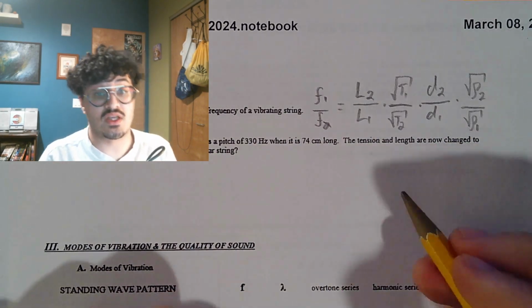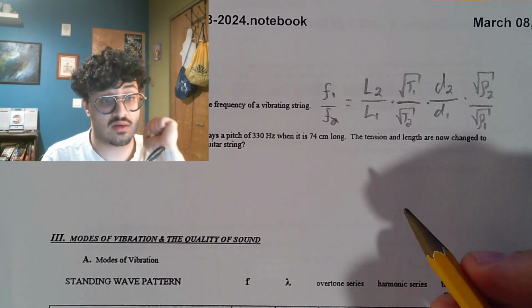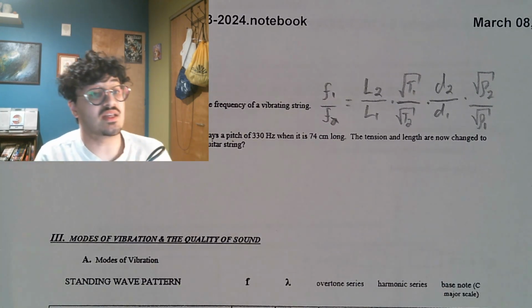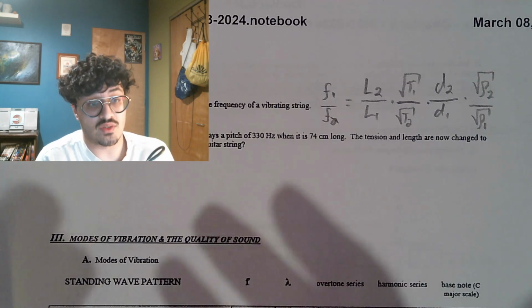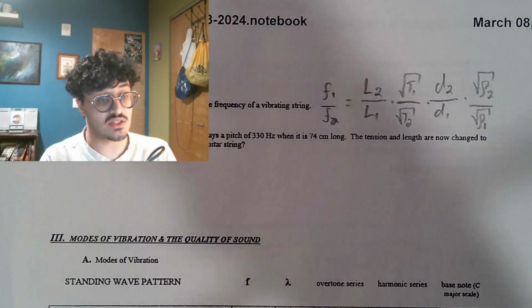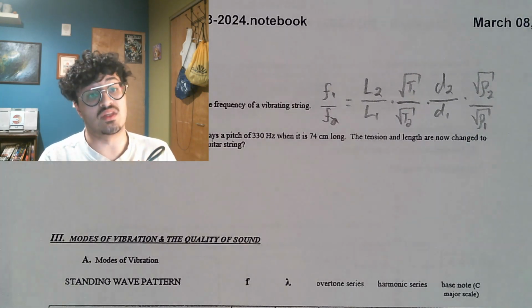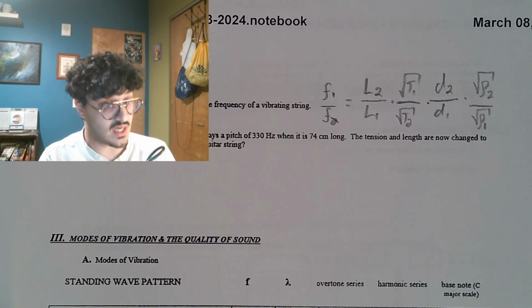This right here is the equation we are going to be looking at, as this allows us to directly compare the frequency as it changes due to these different variables being changed.